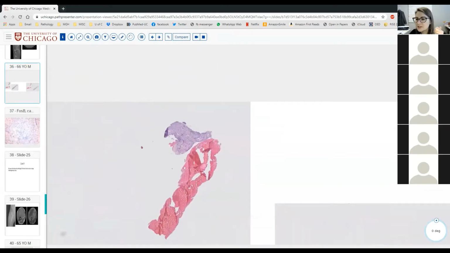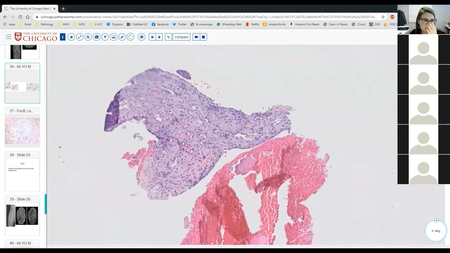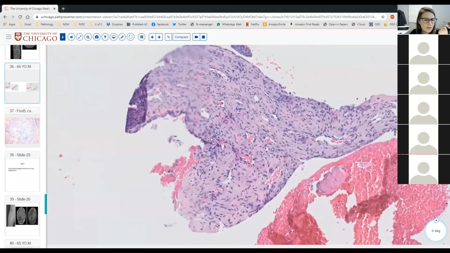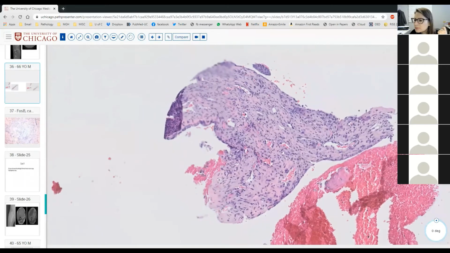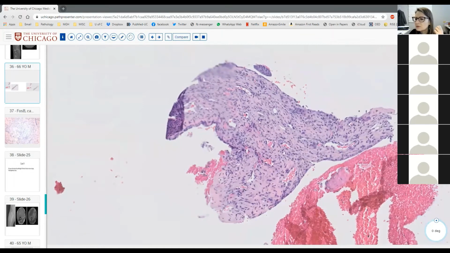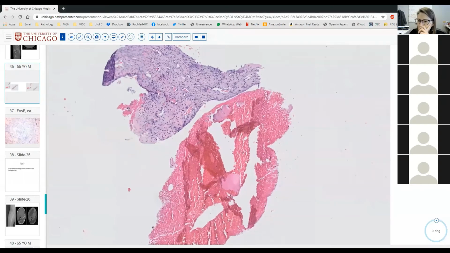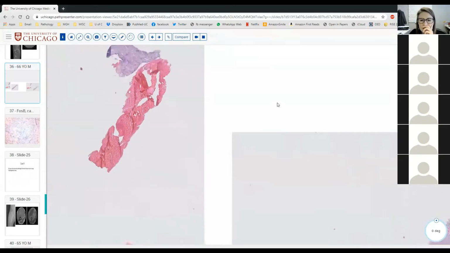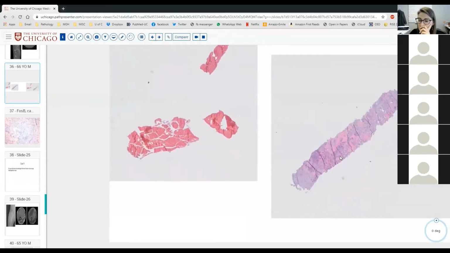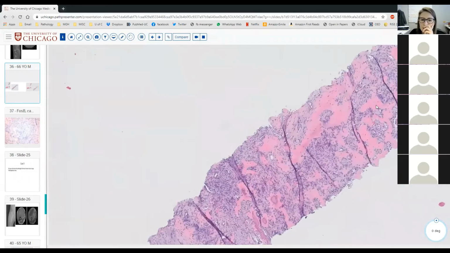Anybody else have any other things to consider on the differential diagnosis? There is fibrous dysplasia. Okay. So fibrous dysplasia would be something to consider with the bone deposition.